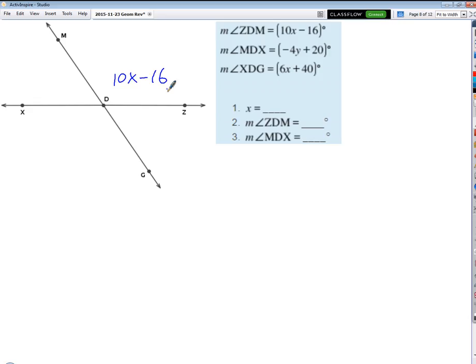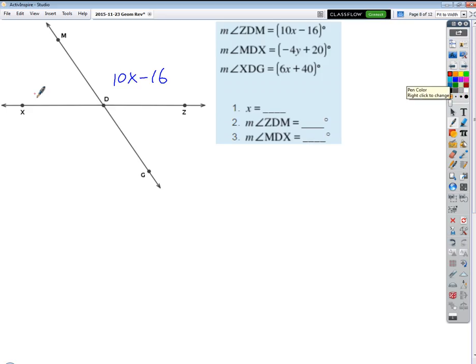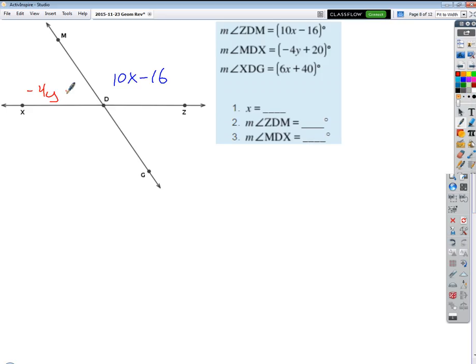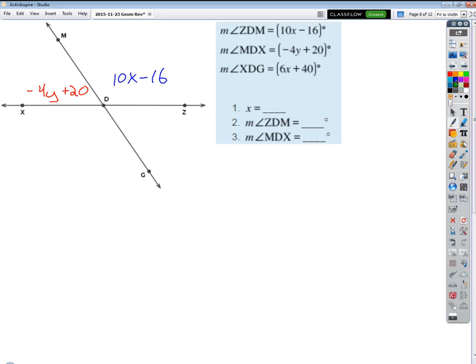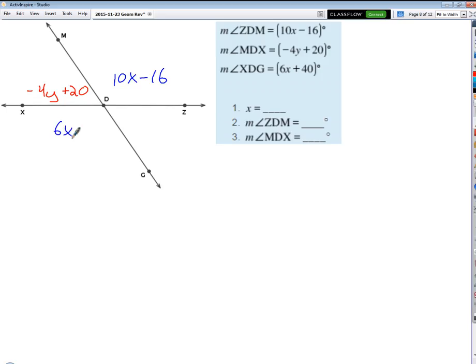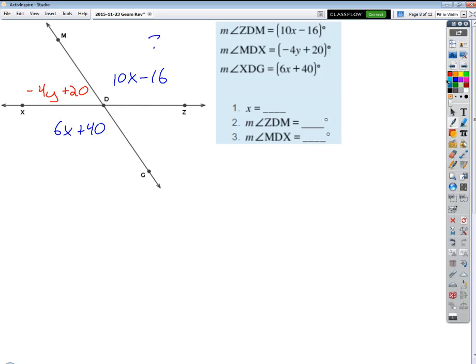The measure of angle MDX, so that's this angle up here, is given by negative 4y plus 20. And then the measure of angle XDG, so down here, is given by 6x plus 40. And we're supposed to find x, we're supposed to find that angle, and we're supposed to find that angle.